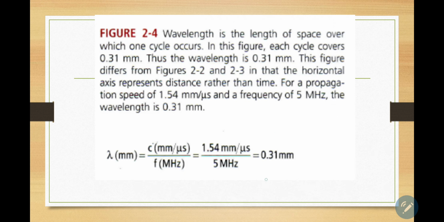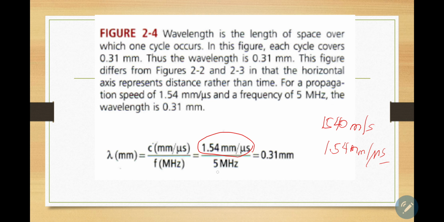Okay, so using the formula as in a complete example, if you convert 1540 meters per second, this will become 1.54 millimeters per microsecond. So, ito siya. This is the constant speed of sound waves in soft tissues. Constant class, hindi nagbabago, always given.